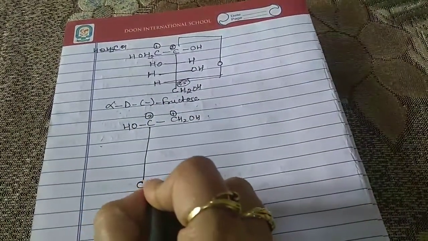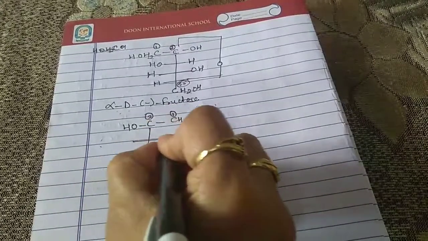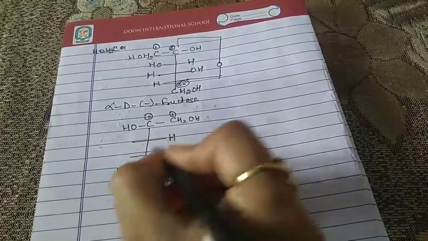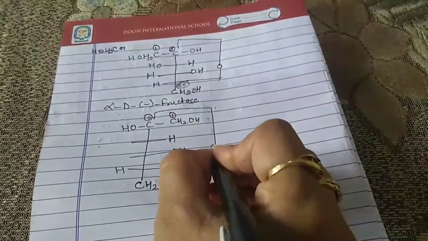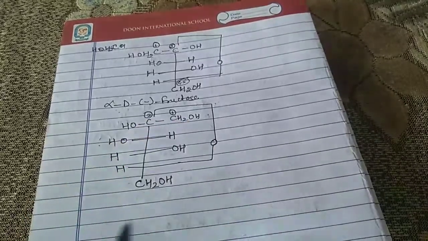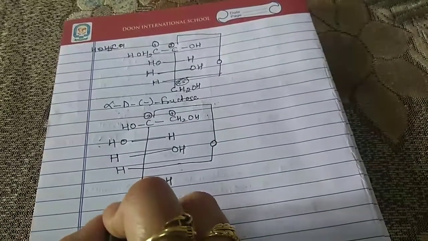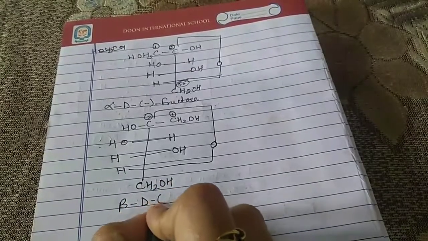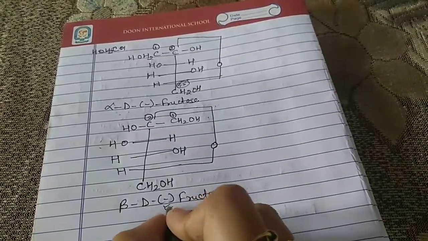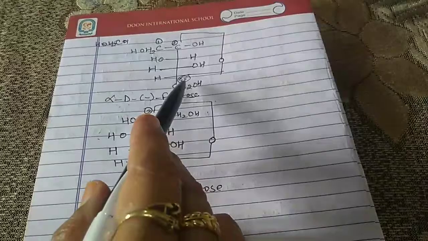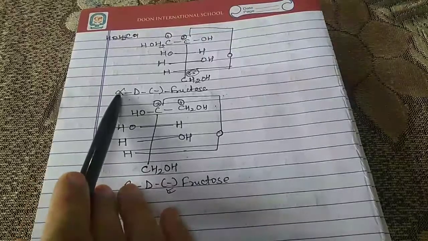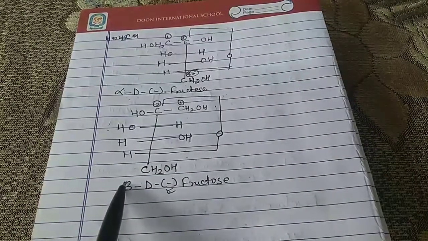This is CH2OH, H, OH, H, OH, H. So this one is beta D minus fructose. This sign implies that it is levorotatory. So these are the 2 cyclic forms of fructose, one is alpha and another one is beta.